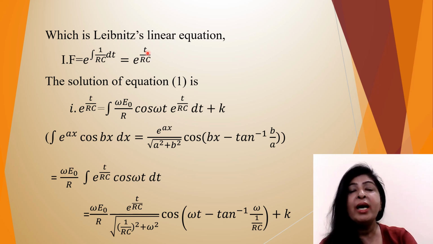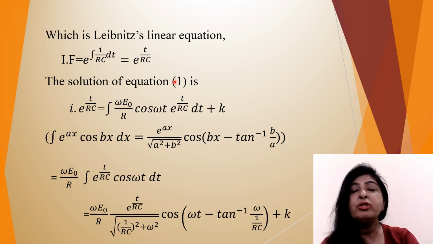Now you can see that it is again a Leibniz linear equation. So its integrating factor is given by e raised to power integral 1 by RC dt, or this is e raised to power t by RC.